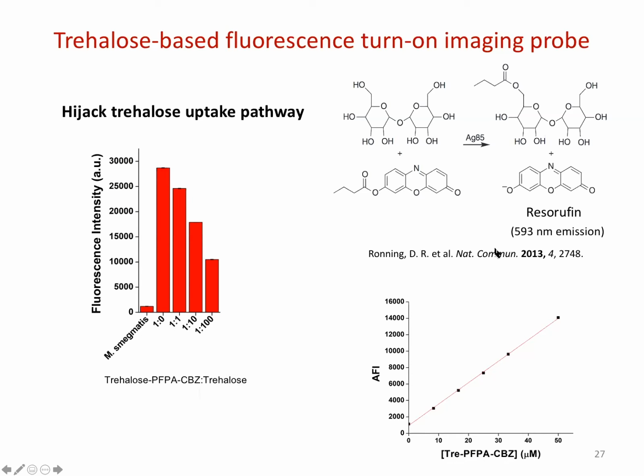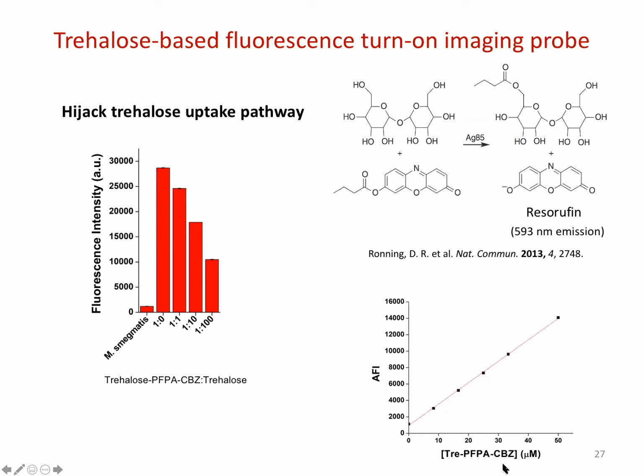And we did another assay, the resorufin assay. You start with the butyrate. It's a very nice assay developed by Don Roning. It's a fantastic assay. So butyrate is not fluorescent. After transfer catalyzed by Ag85, the product is fluorescent.